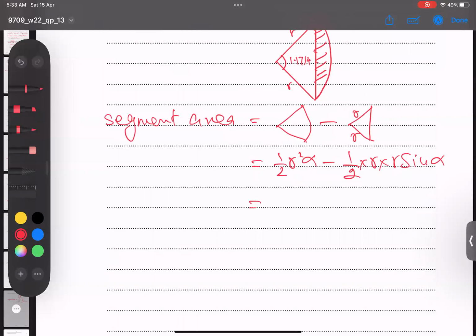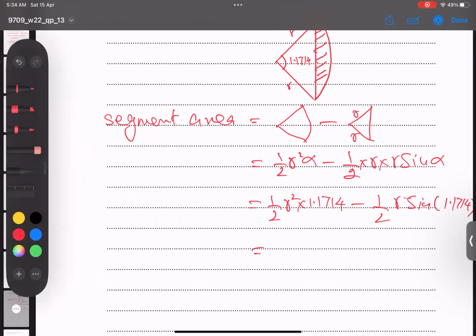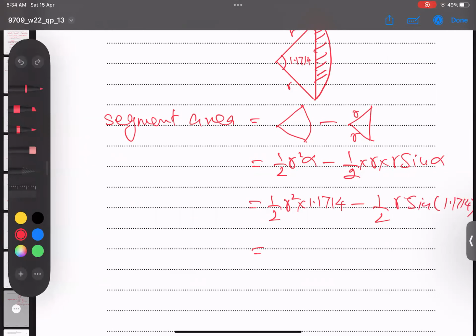So I'm just going to plug in: half r squared alpha, which is 1.1714, and half times r, giving r squared once again, and sine alpha, where alpha is 1.1714. Now, first of all, using the calculator, can I take half r squared common out?